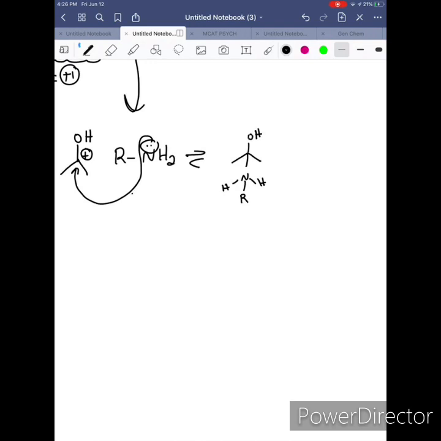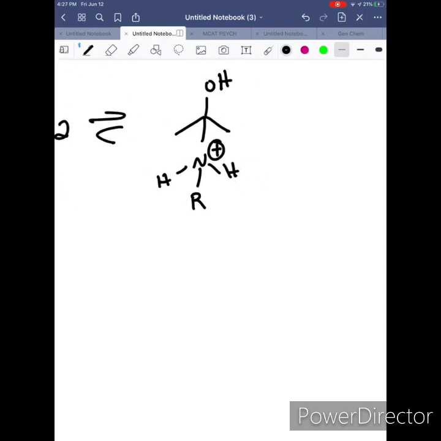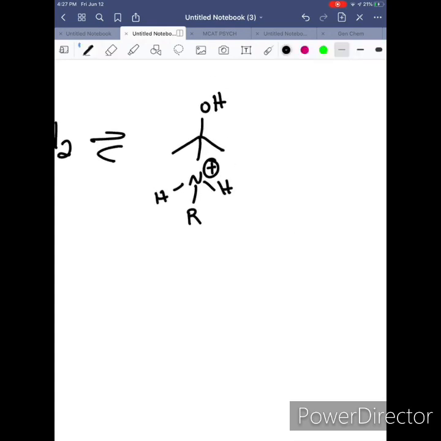Two hydrogens and the R group around it, and then you're going to have an OH on there. Obviously the nitrogen here is also positive, and we can just do formal charge really quickly. So I have 5 valence electrons minus I have 4 lines and 0 dots, so I have +1 charge.